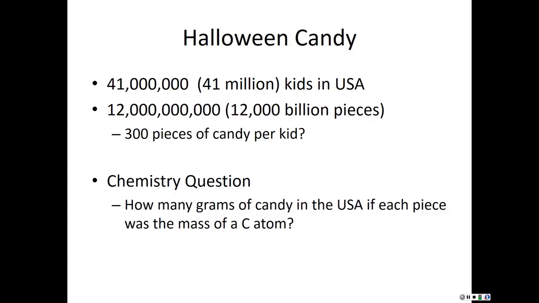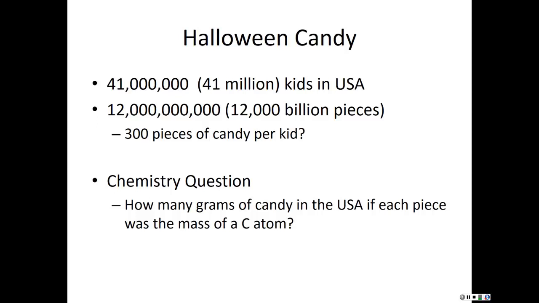So 25 divided by 18 is, let's just say, 1.4. 1.4 moles. And then we're going to do the second part to get to the number of molecules. So here, 1 mole is going to be equal to 6.02 times 10 to the 23rd molecules.